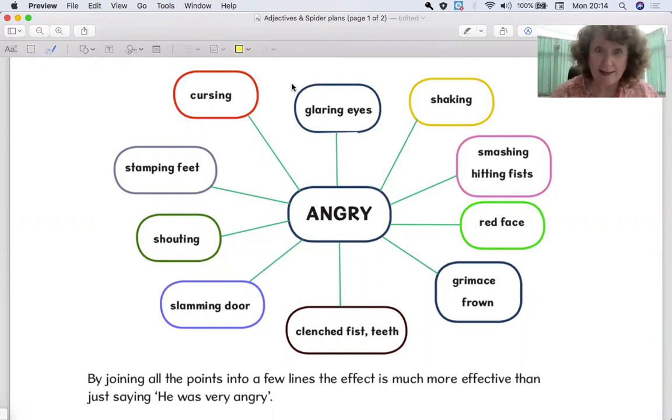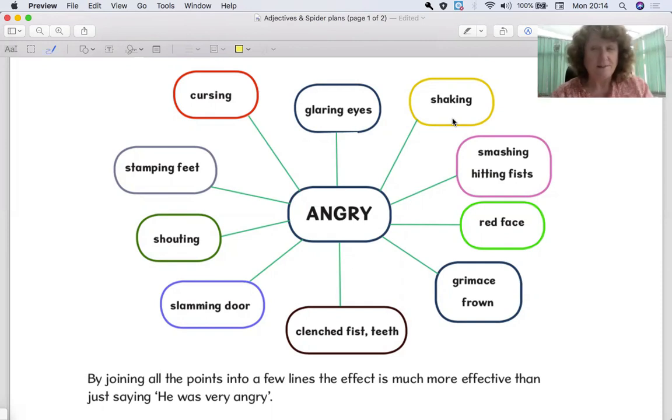We've got glaring eyes. We could have bulging eyes or staring eyes. Any kind of eyes that describe what the person's looking like with their eyes. Okay, they could be shaking. So if they're angry, their head could be shaking or their whole body could be shaking.